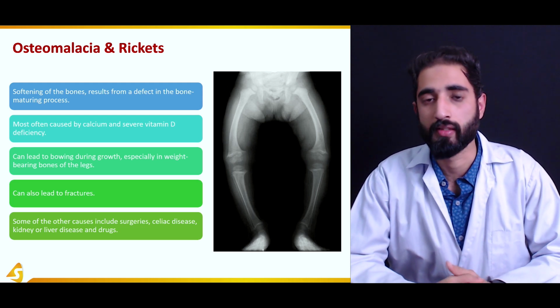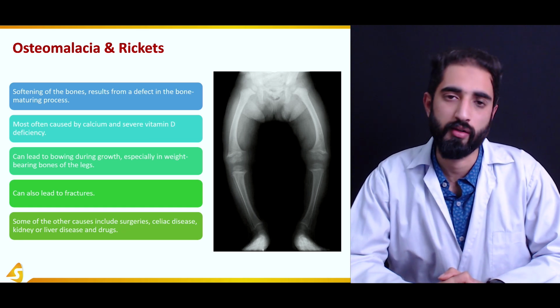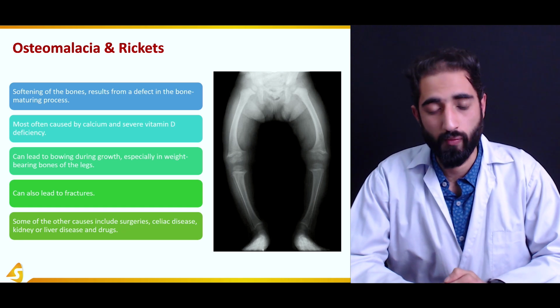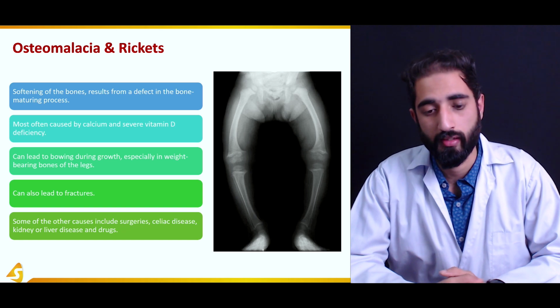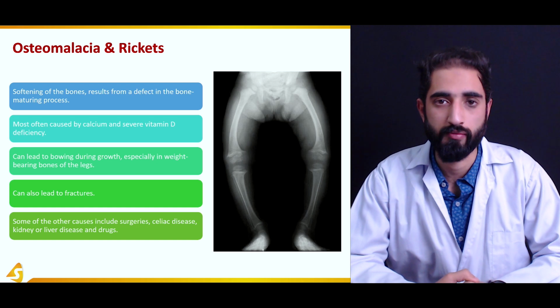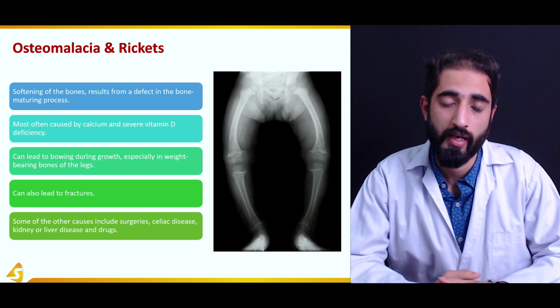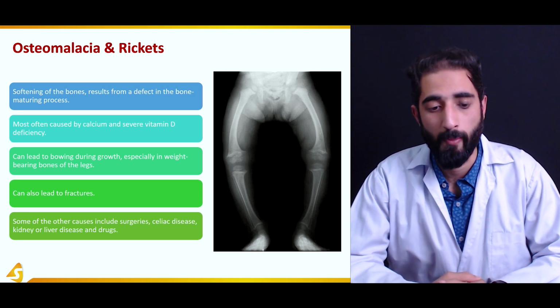Even if there is sufficient calcium in the diet, the person is not able to absorb the calcium without vitamin D. So vitamin D is very important. It should also be a part of a regular diet. And another important source of vitamin D is sunlight. So if a person is exposed to a little bit of sunlight every day, he would also be able to have normal levels of vitamin D.